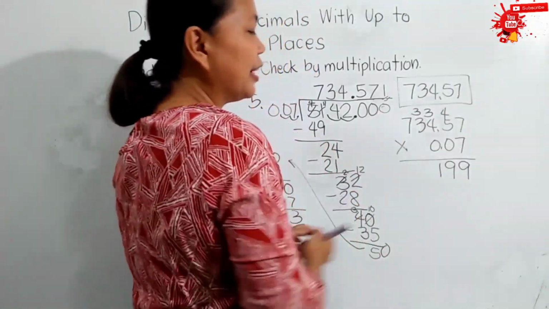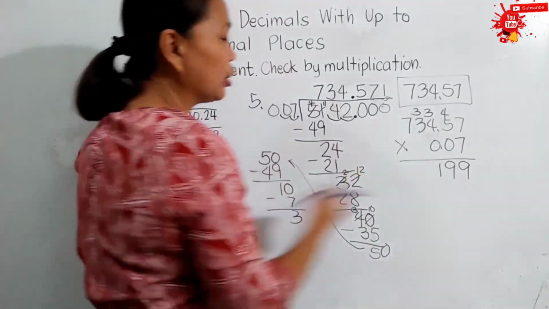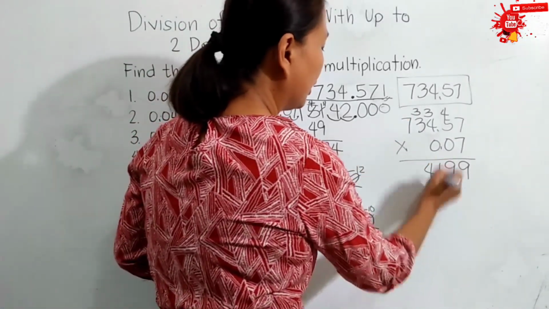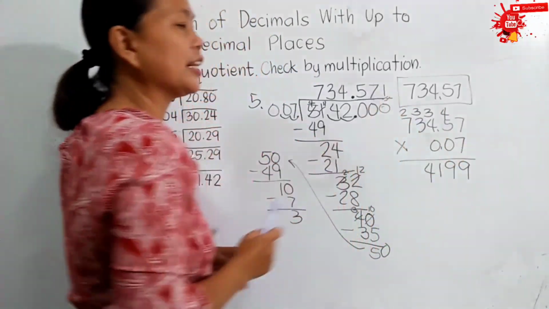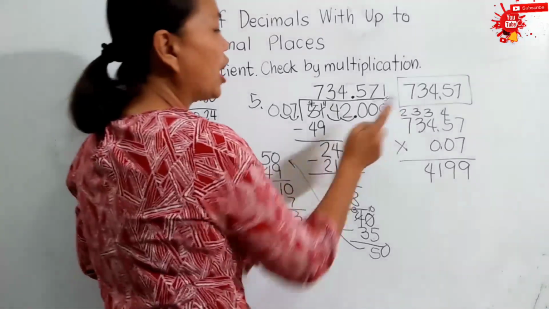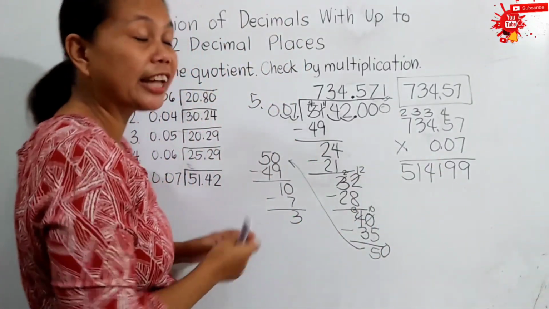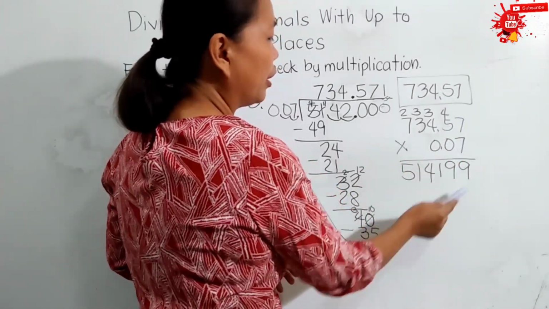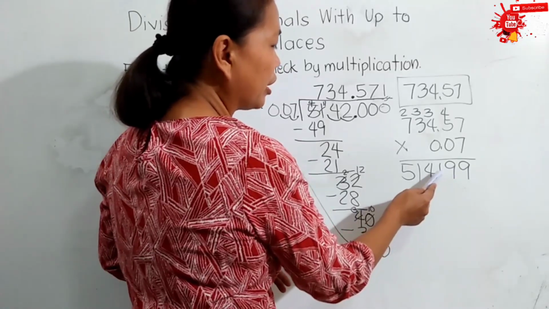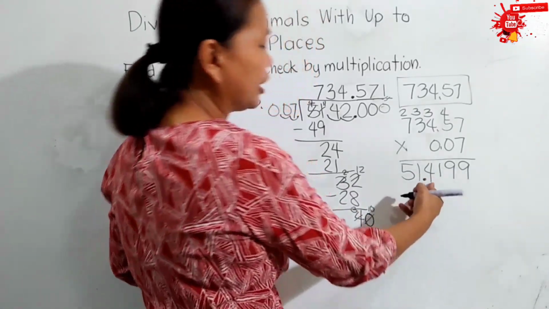And then 7 times 3 is 21 plus 3, 24. And then carry 2. And then 7 times 7 is 49. Plus 2 is 51. Tapos count lang natin yung decimal point. So 1, 2, 3, 4. So 1, 2, 3, 4. So dito natin ilalagay yung decimal point after ng bilang natin na 4.